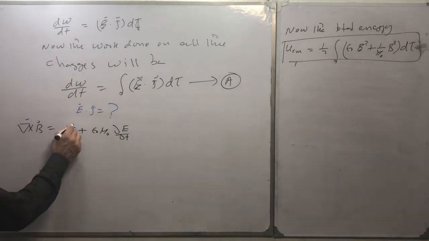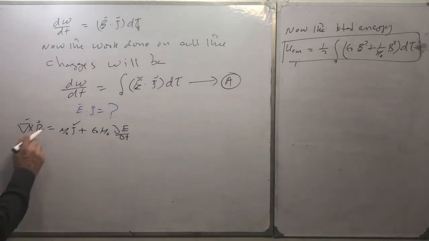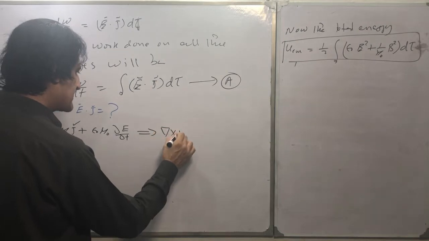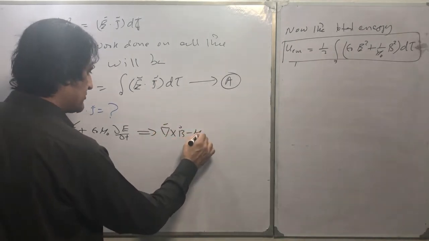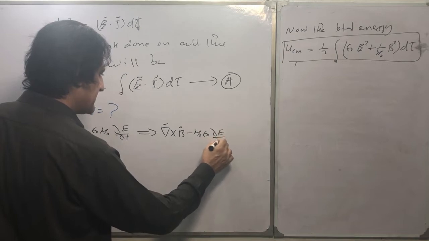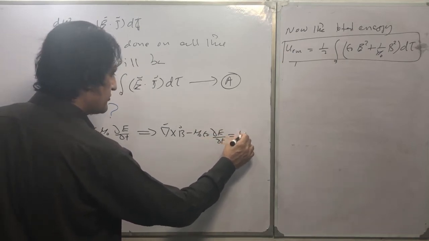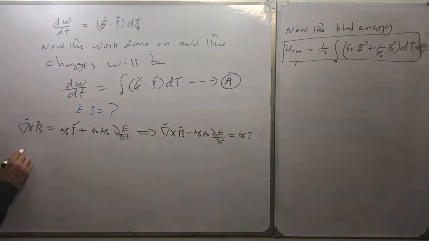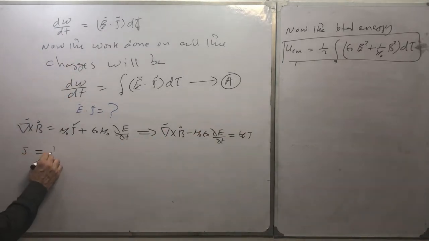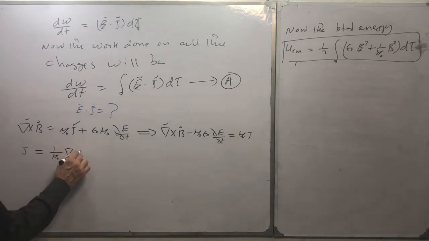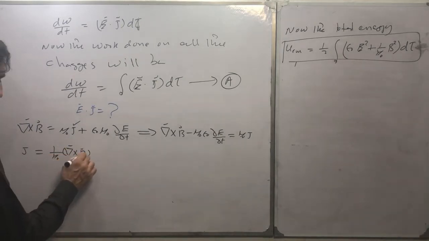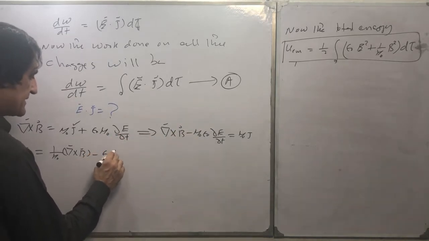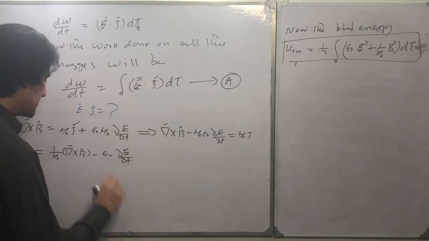So J is equal to 1 over mu naught del cross B minus epsilon naught partial E divided by partial t, since mu naught cancels.